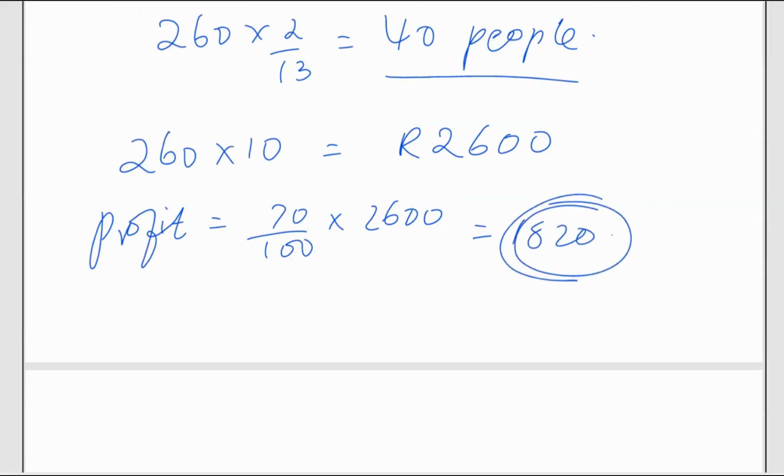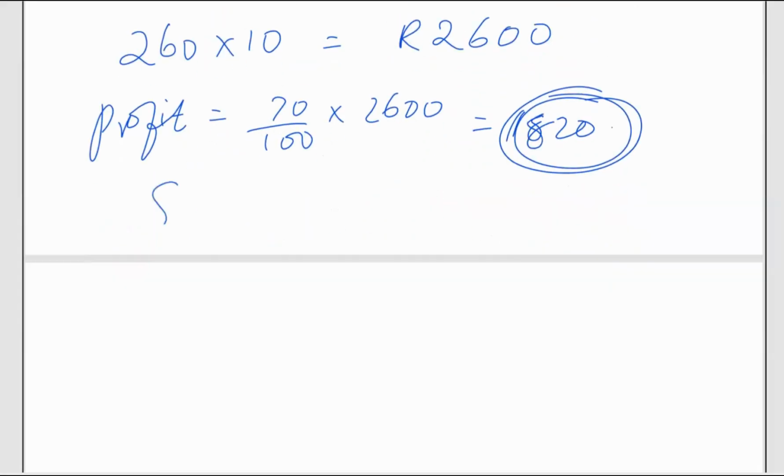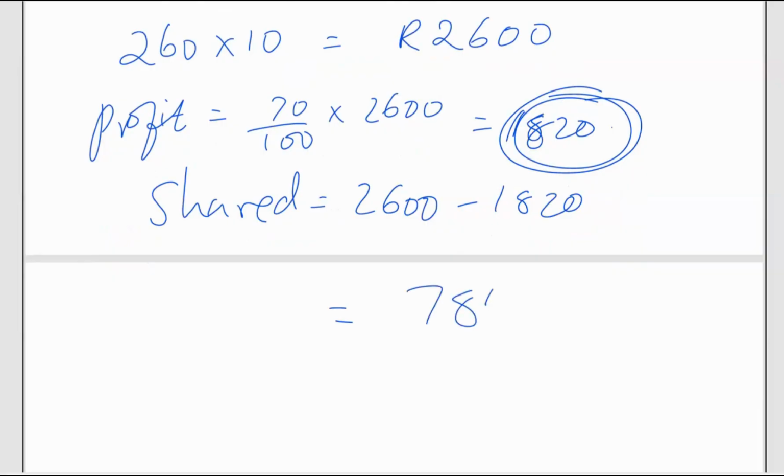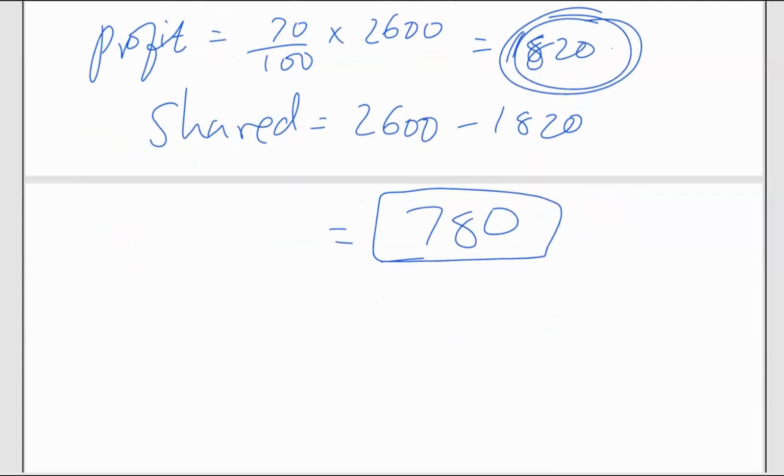This is now for the owner, for the big boss. Now we need to get whatever needs to be shared. So we get the 2 600 and subtract the 1 820, which means that only 780 rands must be shared amongst the winners.